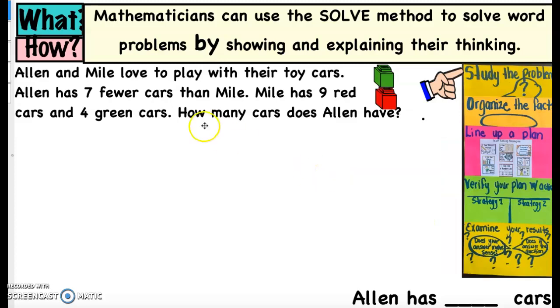So let's continue. Mathematicians, I want to remind you that mathematicians can use the SOLVE method to solve word problems by showing and explaining their thinking. Let's go over our SOLVE steps. The first step is to study the problem. We're going to ask ourselves, what is this problem asking us to find? Then we're going to organize the facts.